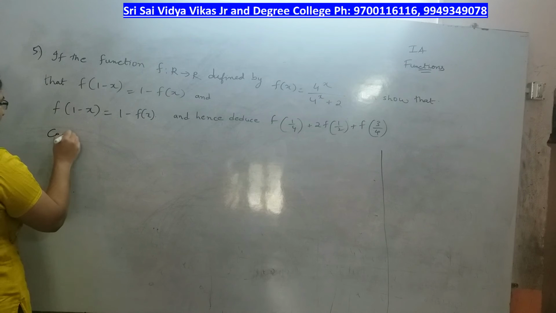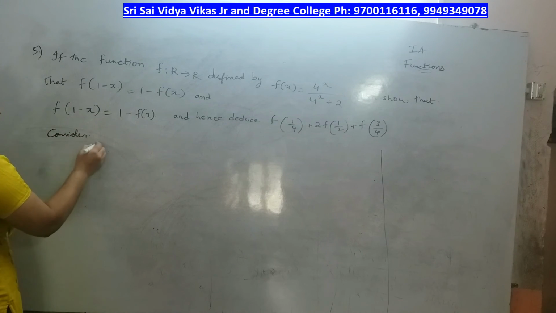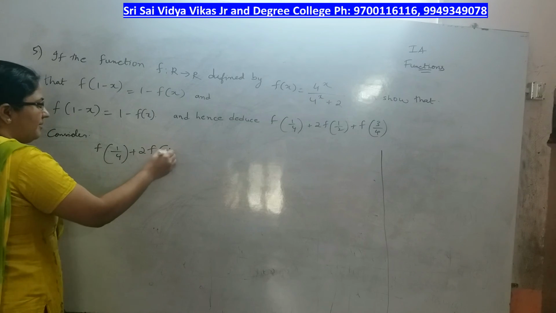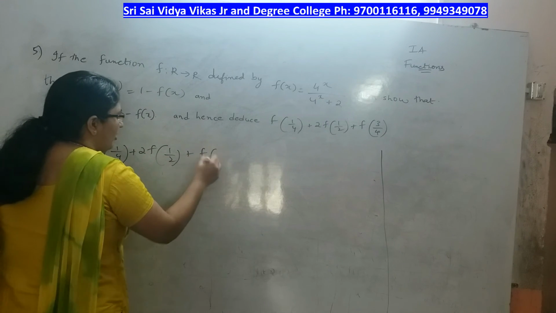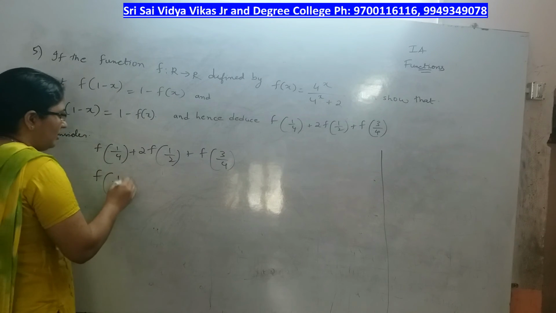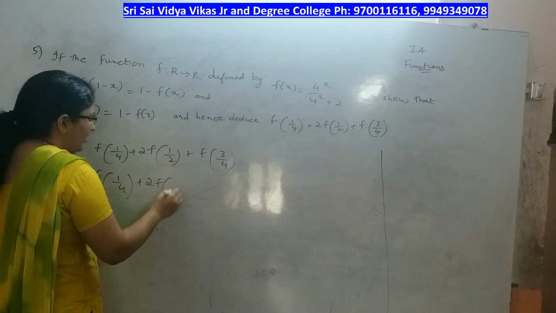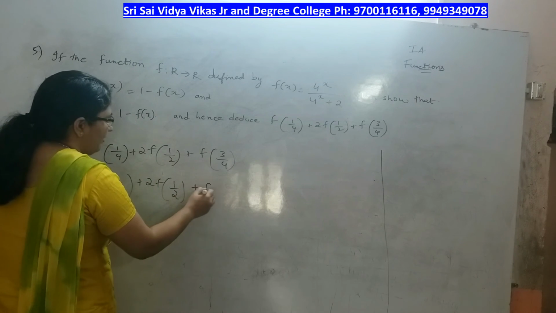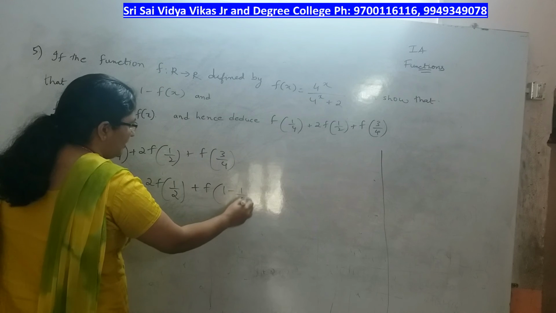Consider f of 1 by 4 plus 2 into f of 1 by 2 plus f of 3 by 4. This can be written as f of 1 by 4 plus 2 into f of 1 by 2 plus f of (1 minus 1 by 4).